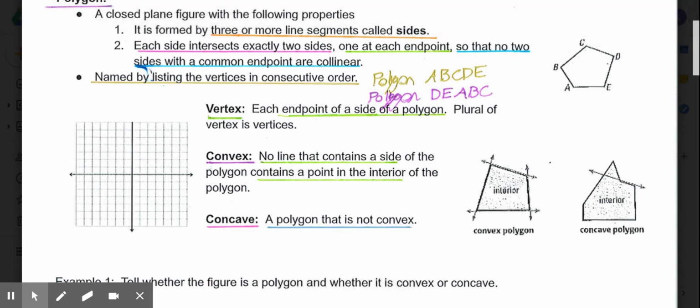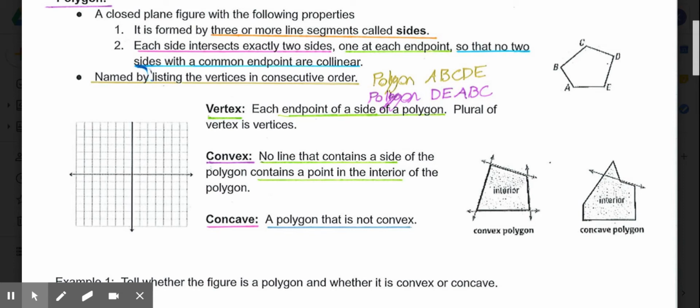Then we have 2 types of polygons. We have a convex polygon and a concave polygon. So a convex polygon, no line that contains a side of the polygon also contains a point in the interior of that polygon.